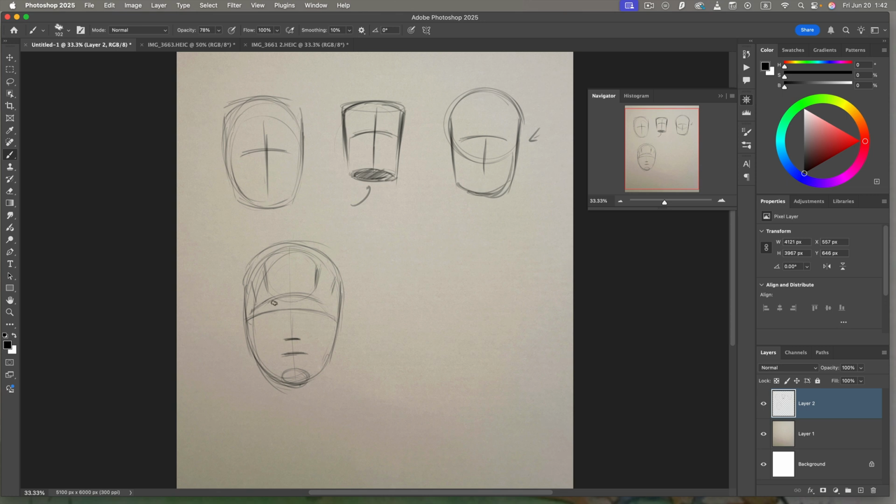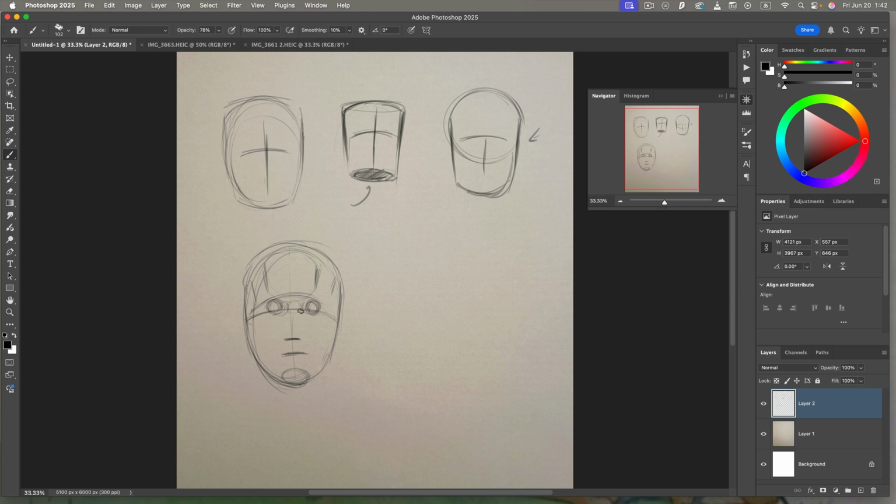The eyes, you're going to place roughly about here. Okay, actually, that's a little bit, that's okay, that's fine. And the eyes are roughly always about five eye lengths apart.